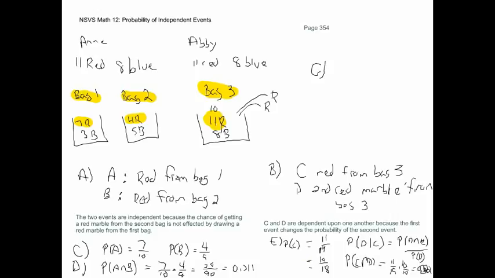And the answer is no. Abby has a slightly greater chance (32.2%) than Anne, who has a 31.1% chance of drawing 2 red marbles.